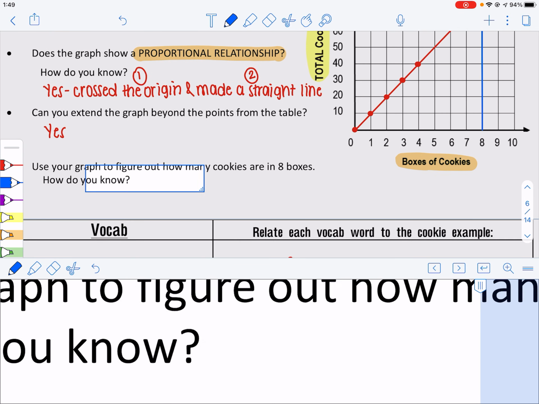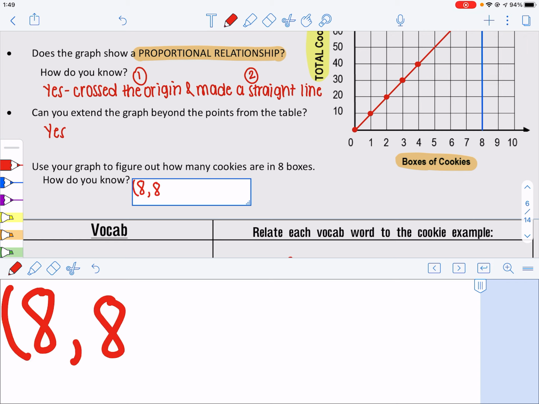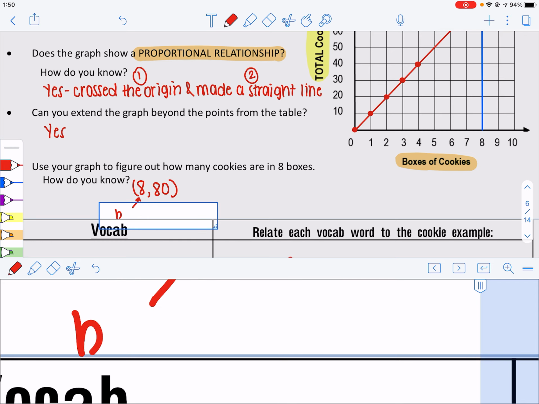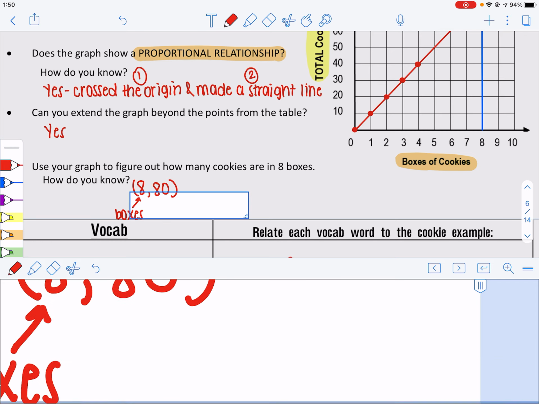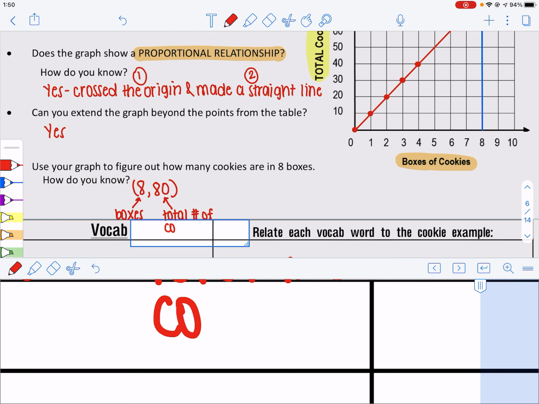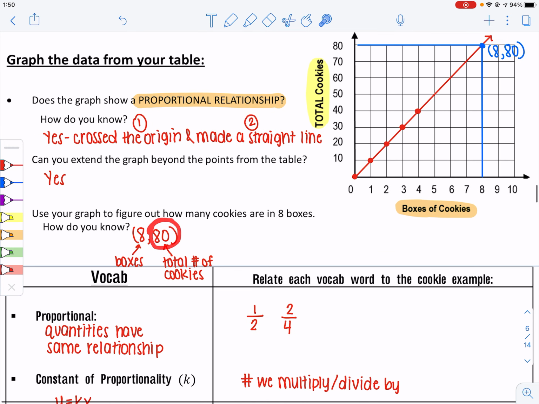Notice the x values are the boxes of cookies, and this number is the total number of cookies. What this ordered pair tells us is that when we buy 8 boxes of cookies, this is how many total cookies we will have. So using that ordered pair, go ahead and tell me, if she buys 8 boxes of cookies, how many total cookies will she have?